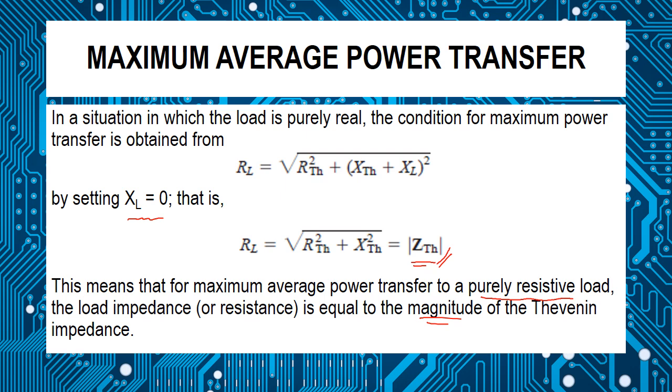By setting XL equal to 0, RL is equal to the square root of RTH squared plus XTH squared, which is also equal to the magnitude of the Thevenin impedance. This means that for maximum average power transfer to a purely resistive load, the load impedance is equal to the magnitude of the Thevenin impedance.